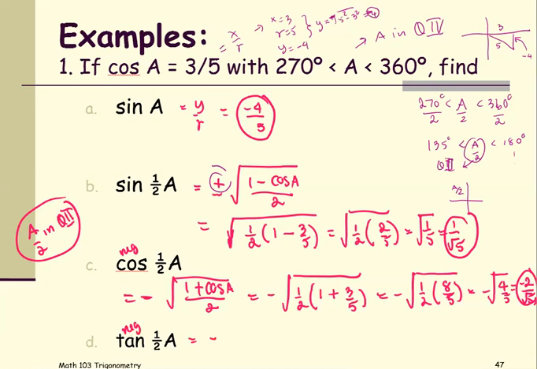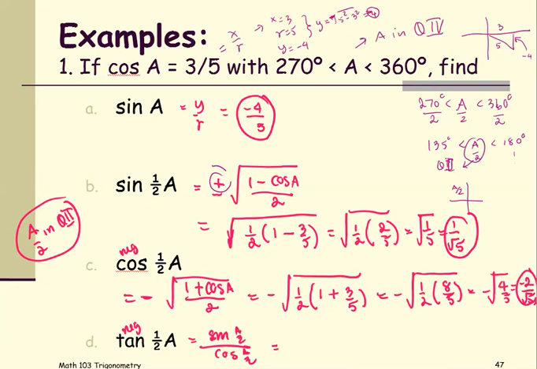We can use sine over cosine as the general form of the tangent of the angle. For our convenience, we already have the sine and cosine half angles, so we just use them. The tangent of A over 2 is sine of A over 2 divided by the cosine of A over 2.